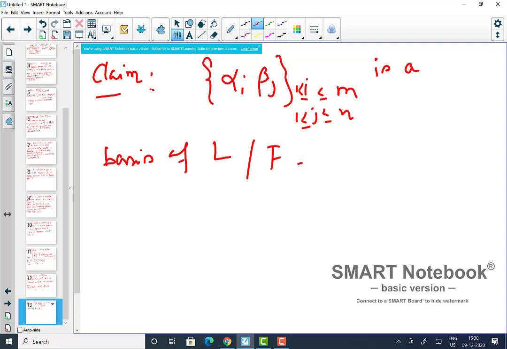Now recall that to prove something is a basis, what do you need to prove? You need to prove two things: it is a linearly independent set, and it is also a spanning set. Now how do you prove this is a linearly independent set?